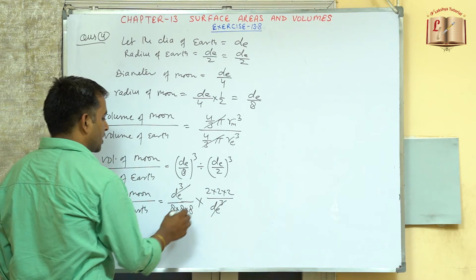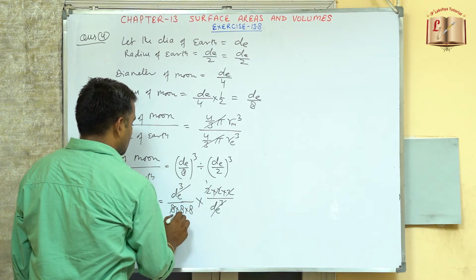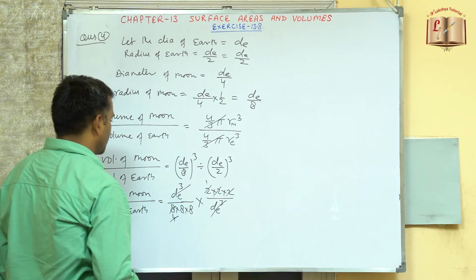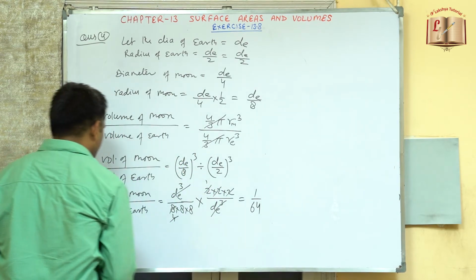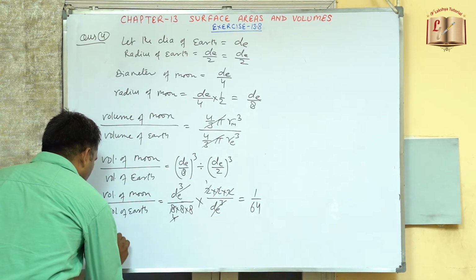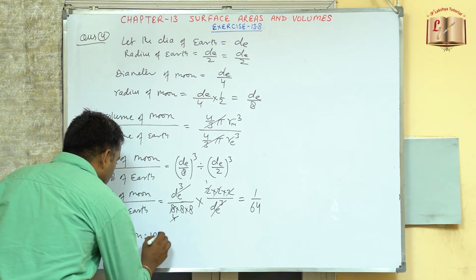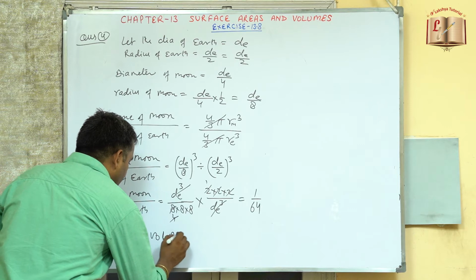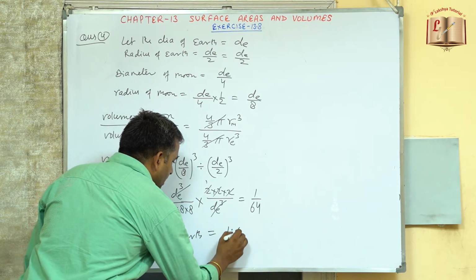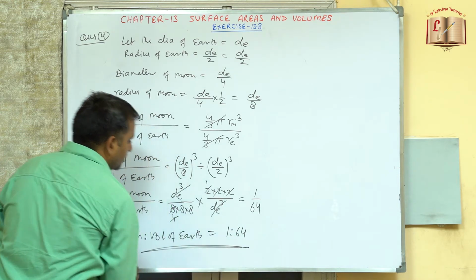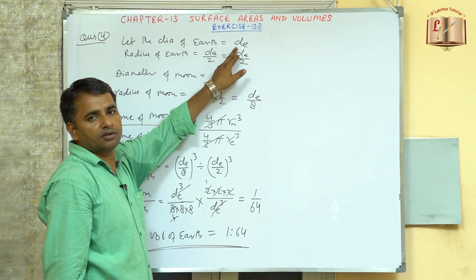So dE cube cancels. 2 into 2 into 2 is 8, so this is now 1 by 8 into 8, 64. So the ratio of volume of moon to volume of earth is equal to 1:64.